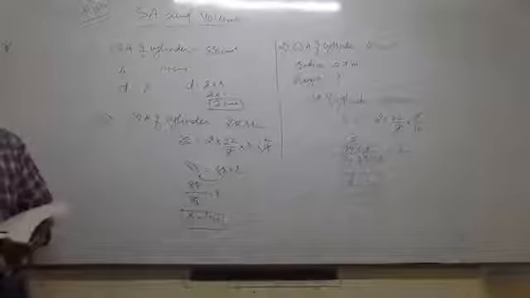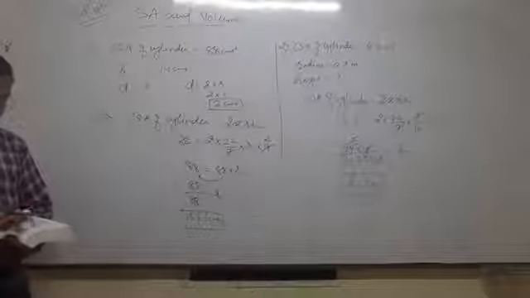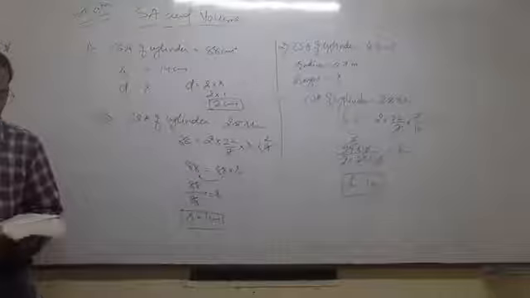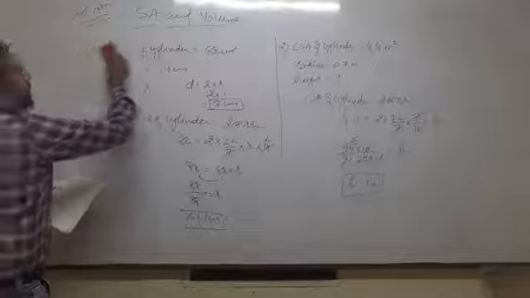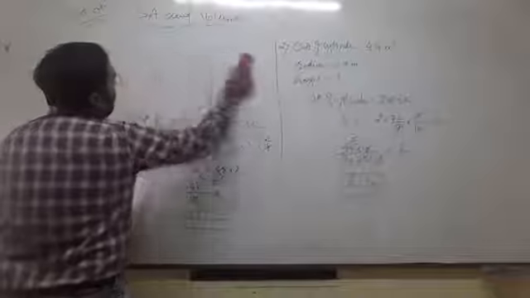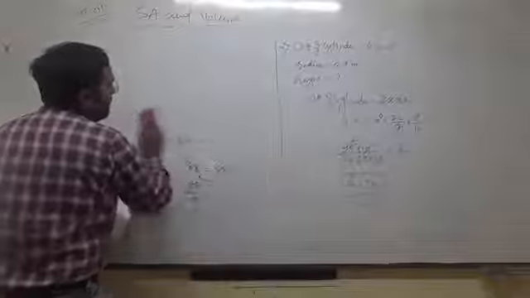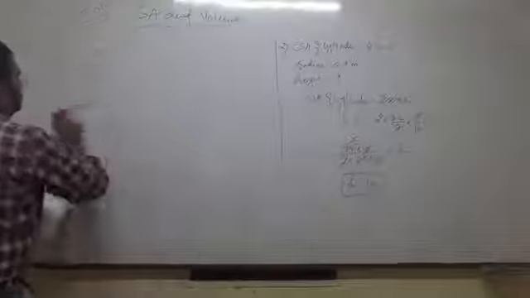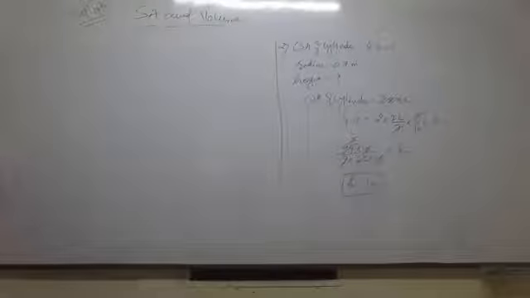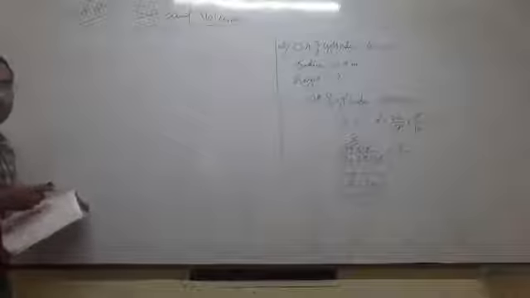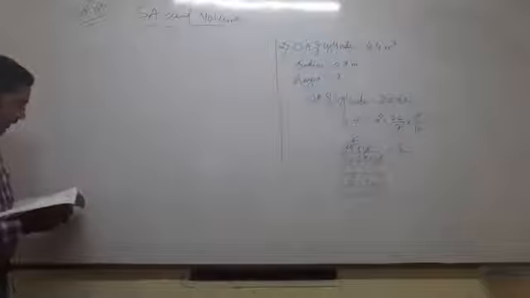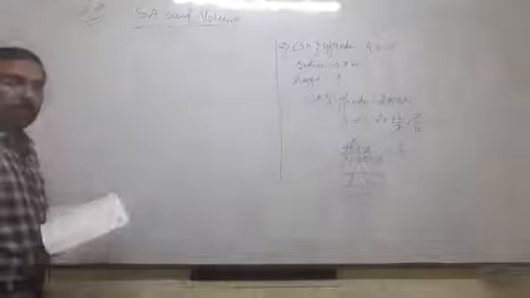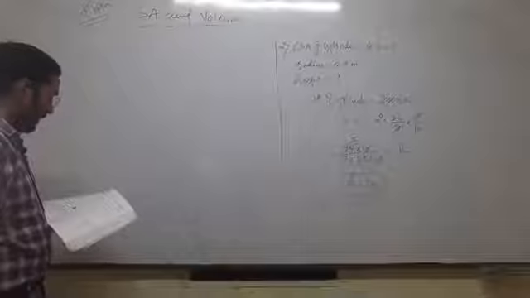Now we are moving to the next question. Next question is that in a hot water heating system, there is a cylindrical pipe of length 28 meter.